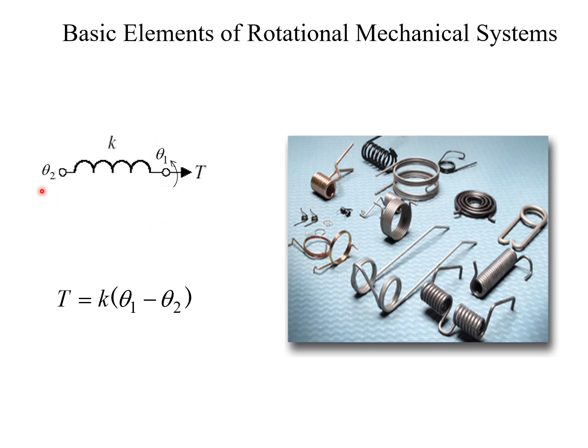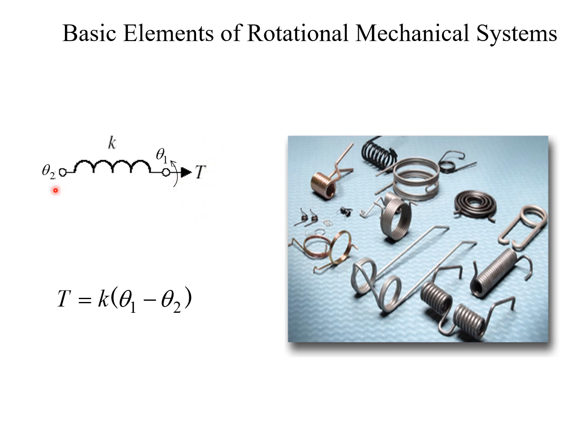And since it is a spring that we are using as the first basic element, the displacement on either side will be different. When we apply a torque over the spring, here instead of force, it is called torque.